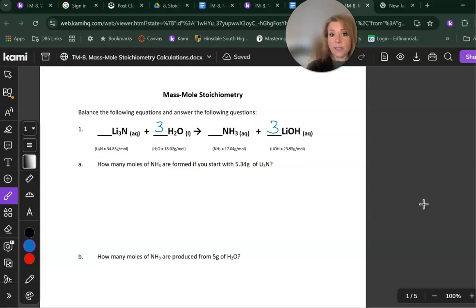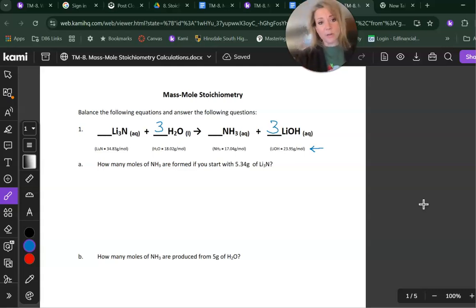So let's take a look at our very first problem. Oh yes, and notice, I gave you all the molar masses there, so don't forget that they're there. I'm just taking away that part of the work for you, to make sure that I'm testing that you understand how to solve the problem instead of testing you on how to calculate molar mass, which we've already done in a previous unit.